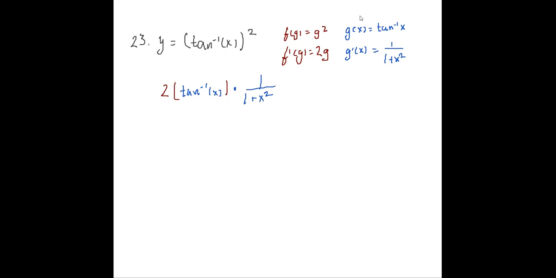So this will become dy/dx is equal to 2 tan to the minus 1 x over 1 plus x squared. And that's about what you can do there. But there you have it. I forgot to mention what page I'm on. I am in section 6.6 on page 480.